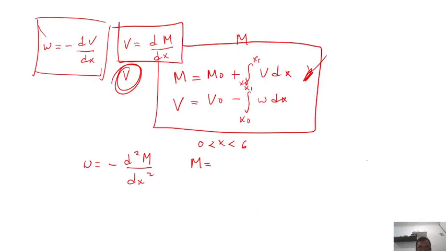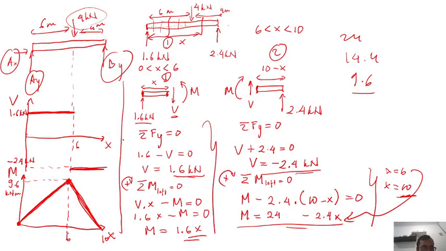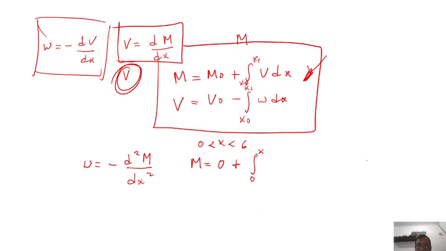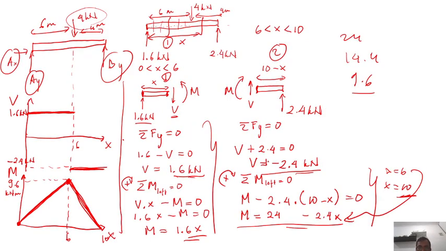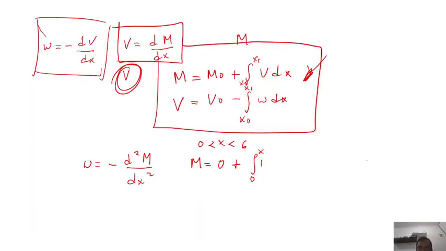So m0 is 0 plus integral from x0, our x0 is supposed to be 0, to x of v. Our v value is 1.6 kilonewton, dx.